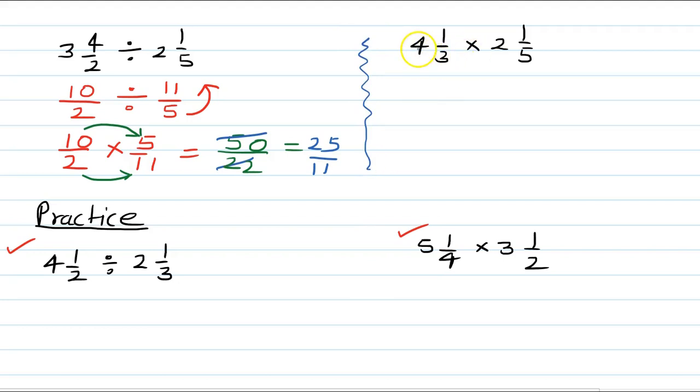So 3 times 4 is 12 and 1 is 13, so 13 over 3, and times sign, 5 times 2 is 10 and 1 is 11, so it is 11 over 5. So if you clearly see, here is a multiplication sign, and here is also a multiplication sign, so you are already halfway here.